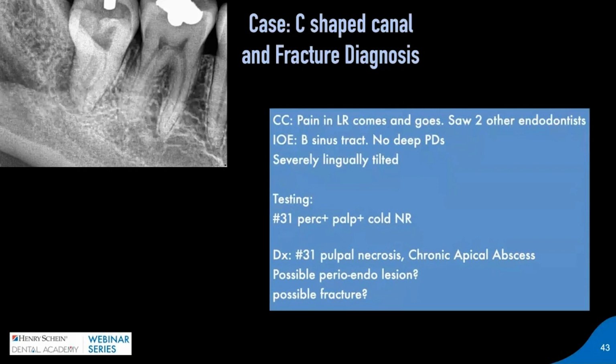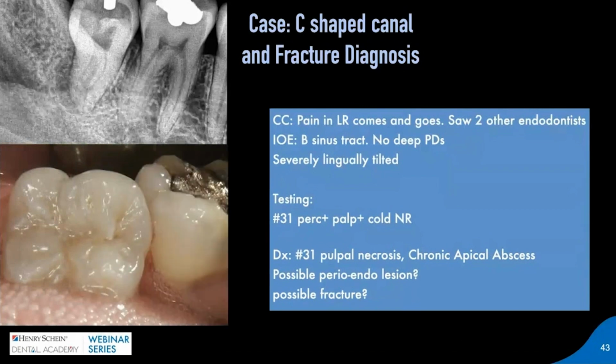Some were concerned that there may be a fracture or some sort of perio-endo lesion. And this patient had a sinus tract, so they definitely had a chronic apical abscess. A sinus tract along with this J-shaped lesion made it very much a concern.